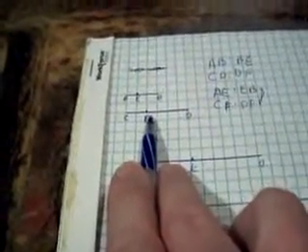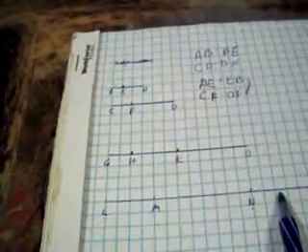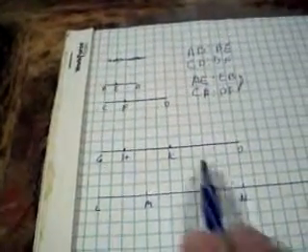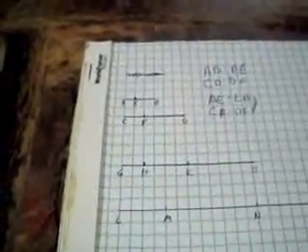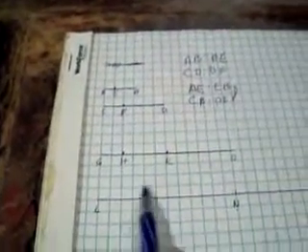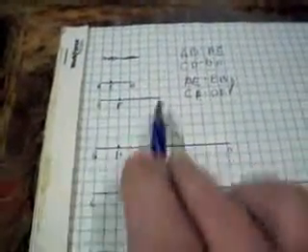Again, since LM is the same multiple of CF as MN is of FD, here's MN, here's FD. Therefore, LN is the same multiple of CD as LM is of CF.